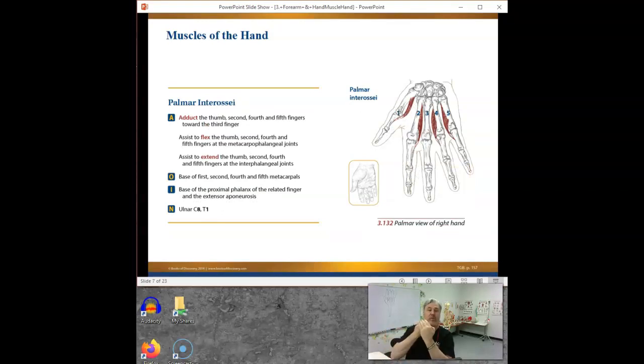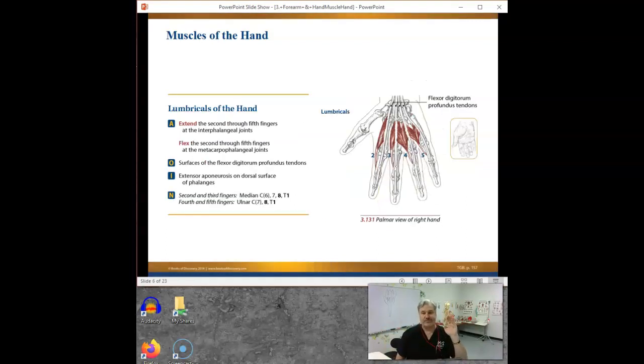It's just closer to the palmar side, that's why they call it that. So it's underneath the dorsal interossei that we get to the palmar interossei. If we scrape down still deeper than that, we kind of break through it to the palm and we get to the lumbricals. So there are lumbricals on top of palmar interossei, on top of dorsal interossei, and the palmar interossei and dorsal interossei really are between those bones.